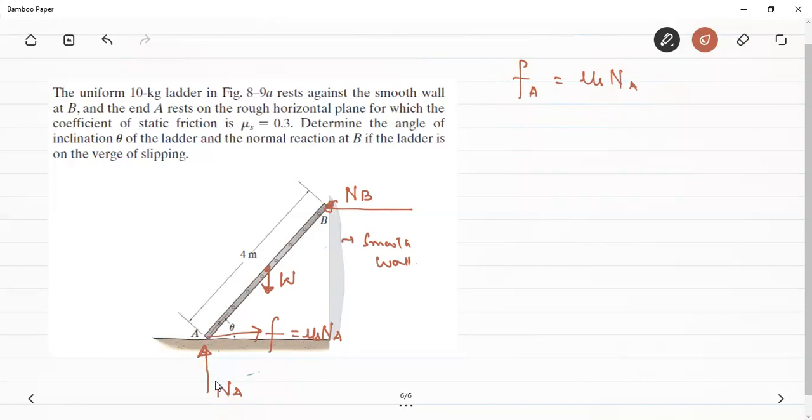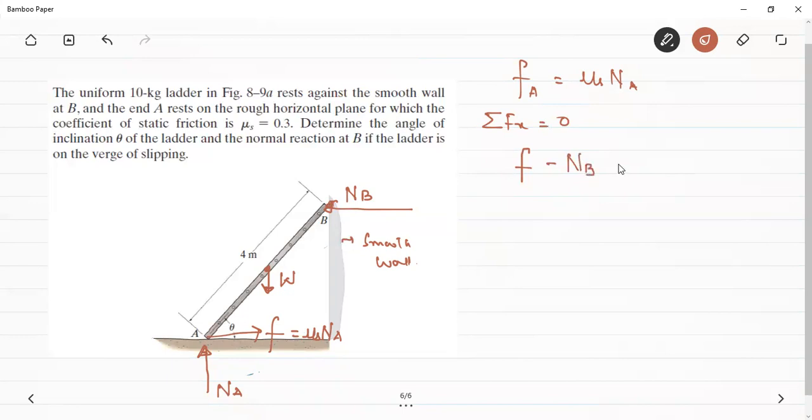The independent unknowns are NA, NB, and theta. We are interested in finding the value of theta. So we can use the summation of the forces in the x direction to be 0 for equilibrium, because although it is in impending motion, it is still at rest. In the x direction, the friction force is acting in the positive x direction and NB is acting in the negative x direction.